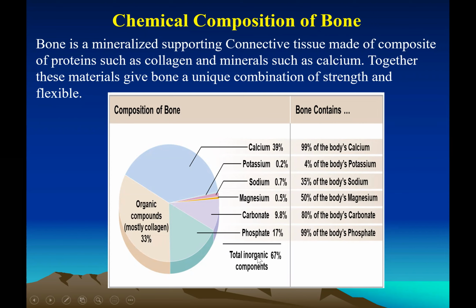Of the inorganic components, 39% is calcium, and there are phosphates, magnesium, sodium, potassium, and carbonate. 99% of your body's calcium and phosphates are locked up in the bone. So it's a bank, a reservoir of minerals.